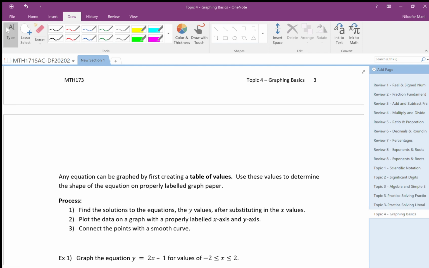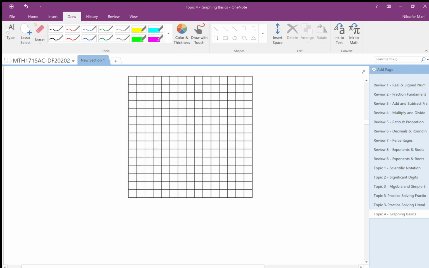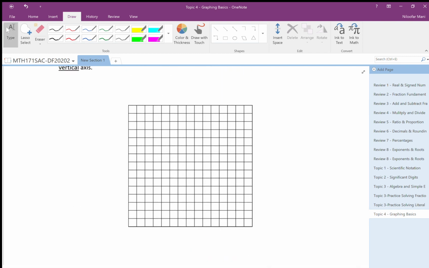This method can be used for any equation, for any function, for any graph that you want to graph. You give some values to the independent variable, then you find the dependent variable, and then you find those points on the graph.